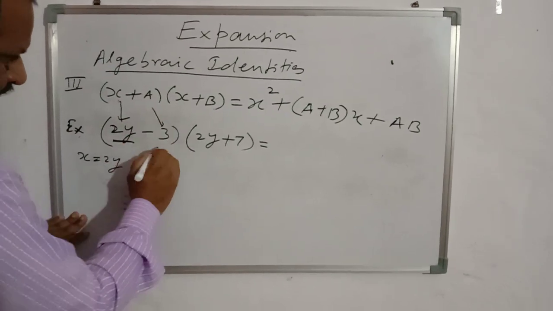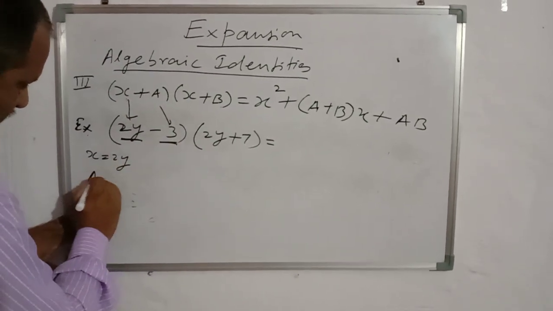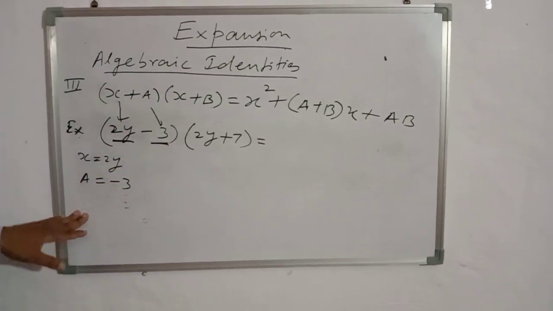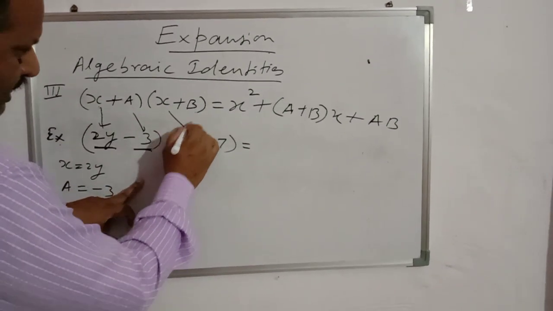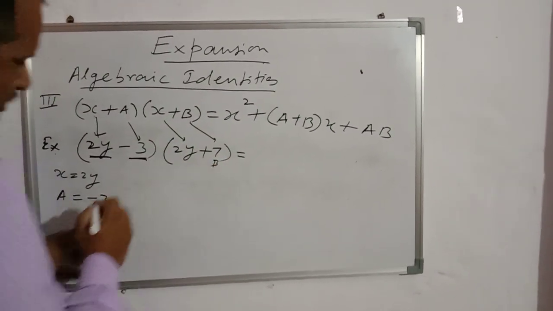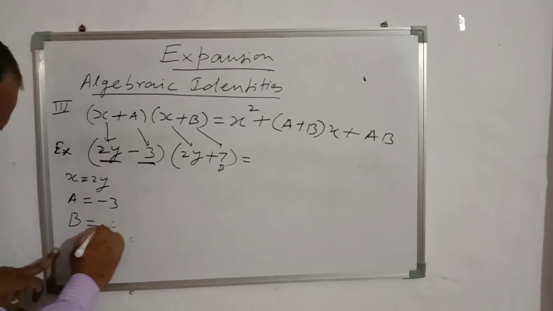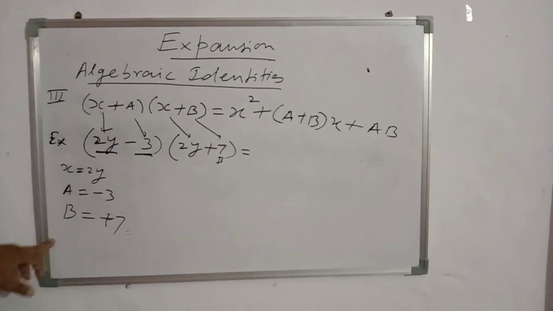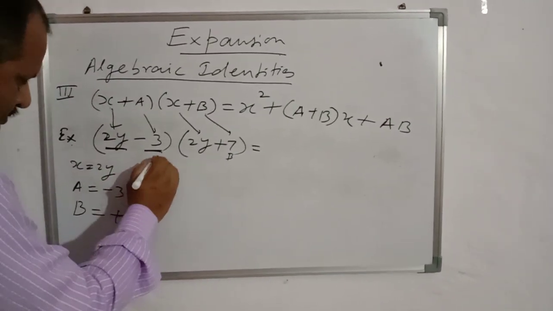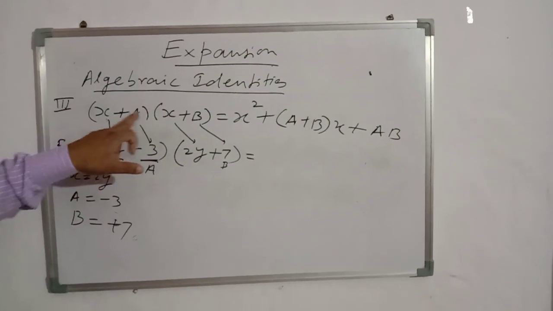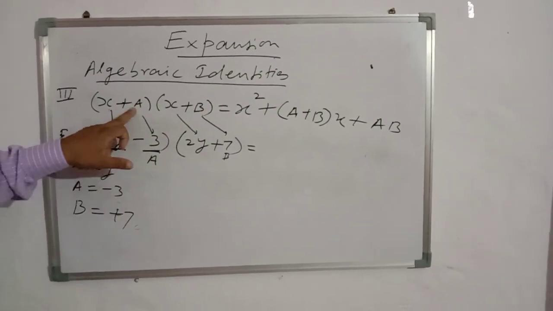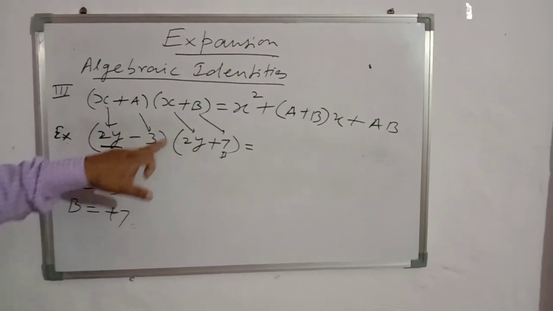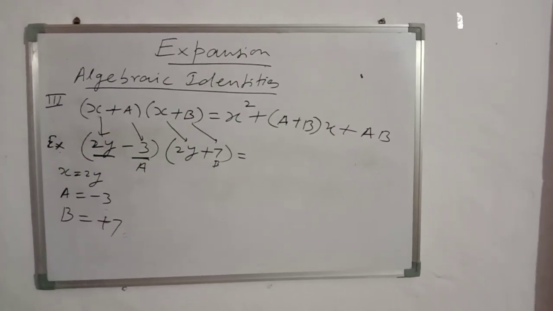What is a? a is minus 3. Again x is 2y. And what is b? 7. b is equal to plus 7. It is not minus. So we will take the values of a and b with sign. So the value of a is minus 3. The value of b is plus 7.